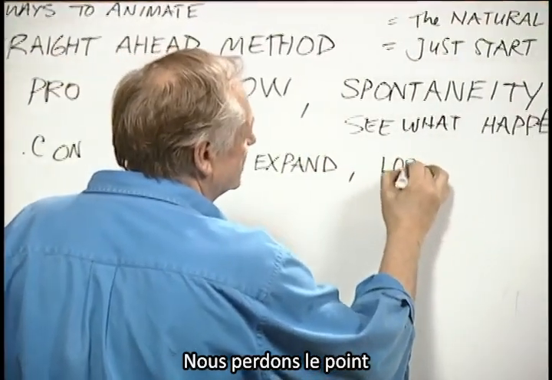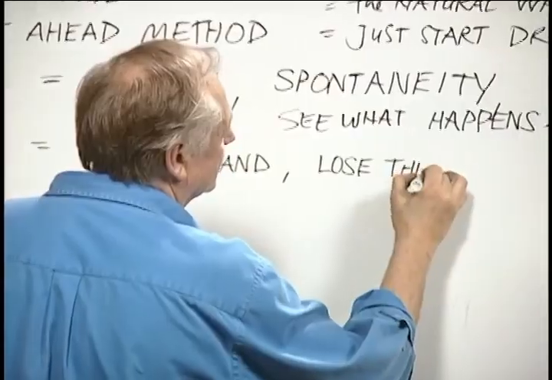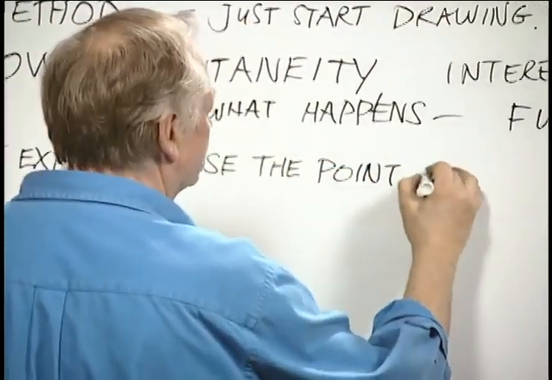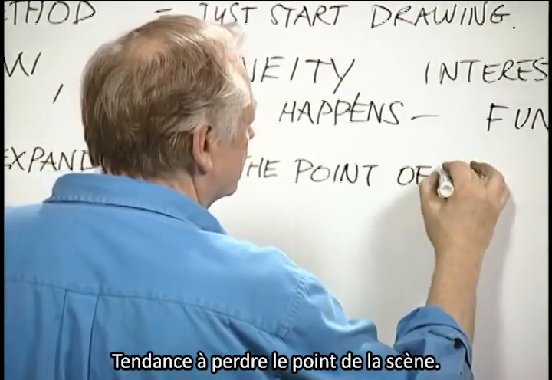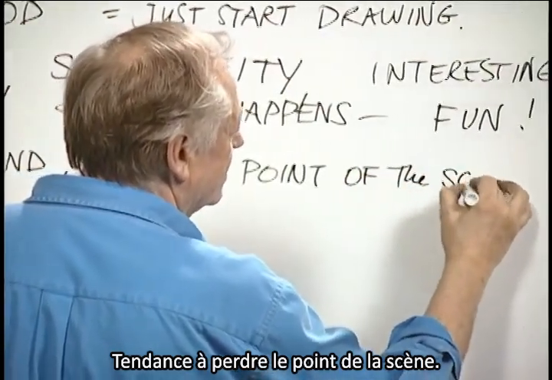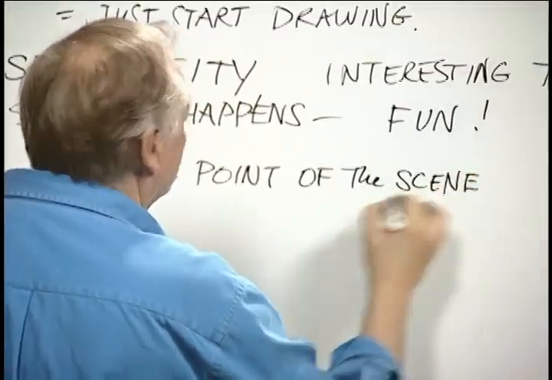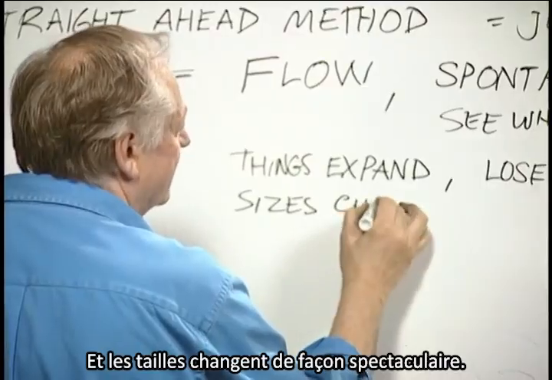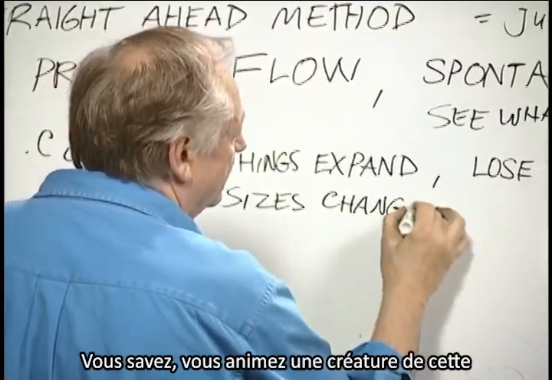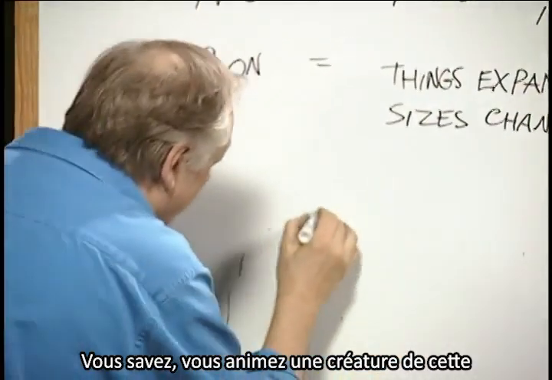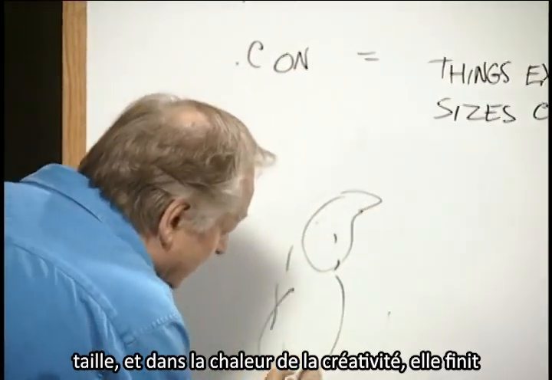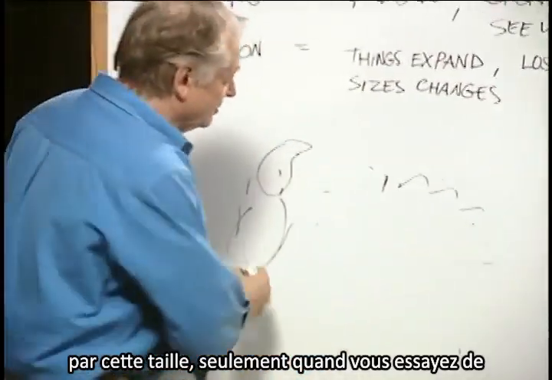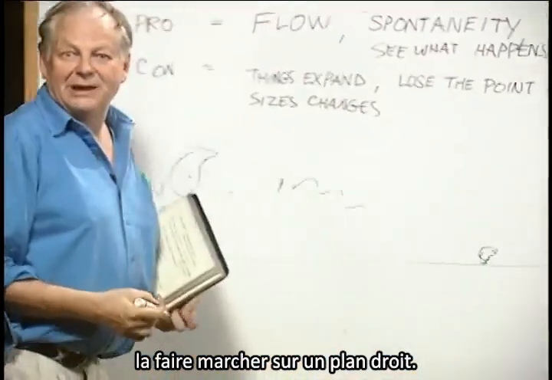We lose the point of the scene. Tendency to lose the point of the scene. And sizes change dramatically. You're animating a creature that's this size, and in the heat of creativity, he ends up about this size, only you're trying to walk him on a straight plane.